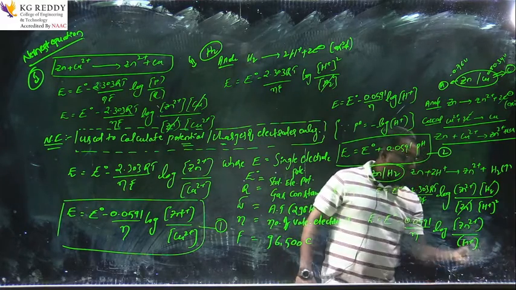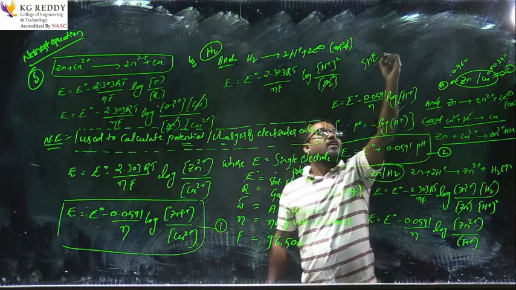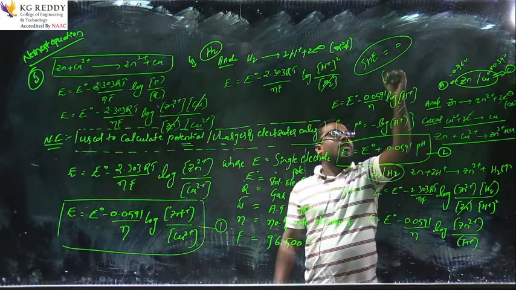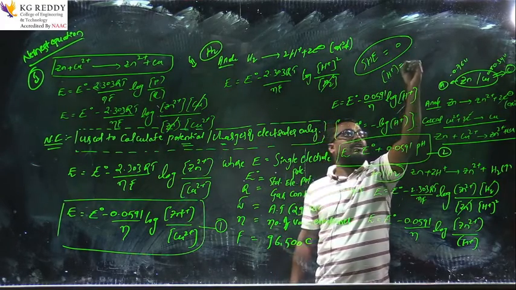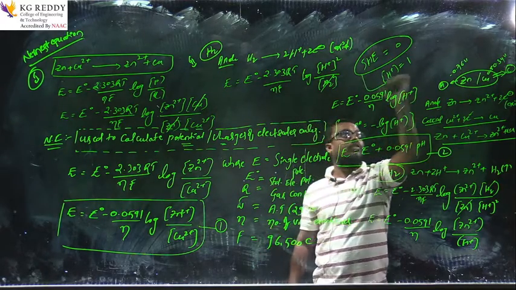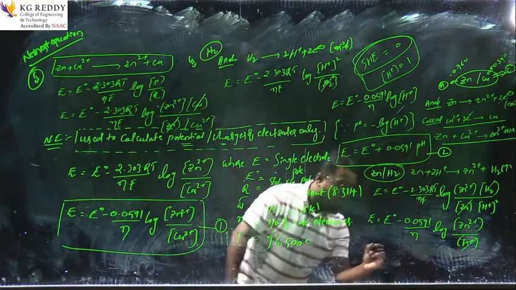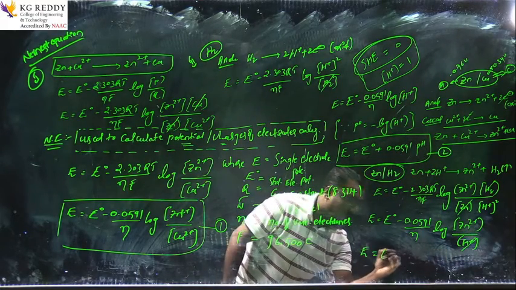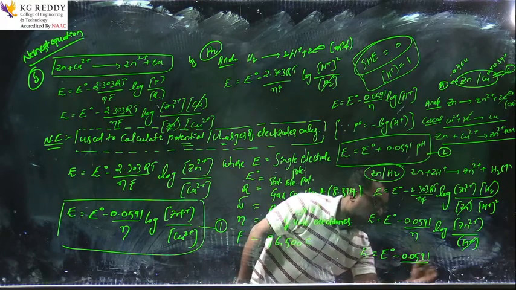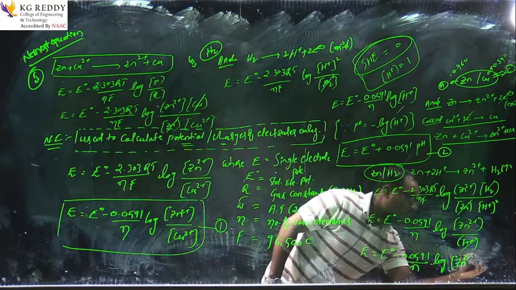We know the standard hydrogen electrode is always assigned to be 0, or the concentration of H+ is equal to 1 unit. For liquids and solids, these two conditions become 1. Therefore you can cancel this, and the end equation is E naught minus 0.0591 by n times log of the concentration of Zn2+.